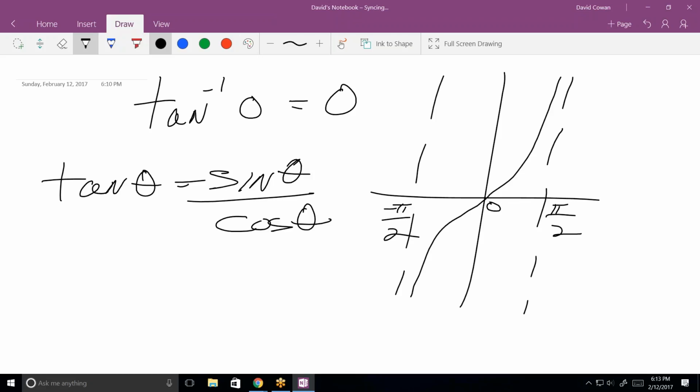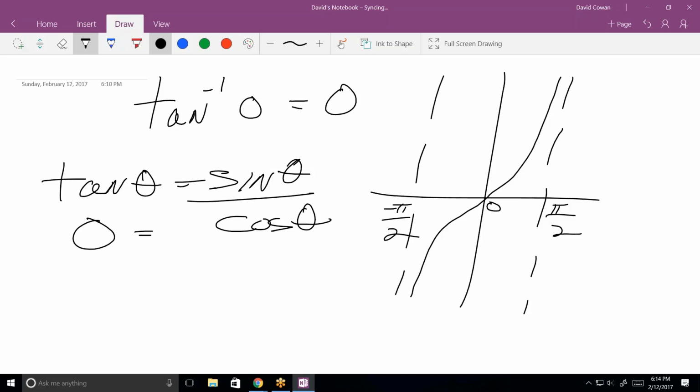Well, the only way that the tangent of theta can be equal to 0 is if the sine of theta is equal to 0. In other words, whenever you have 0 equals a quotient, the numerator of that quotient must be 0. So saying that the tangent of an angle is equal to 0 is basically also saying that's where the sine of the angle is equal to 0.